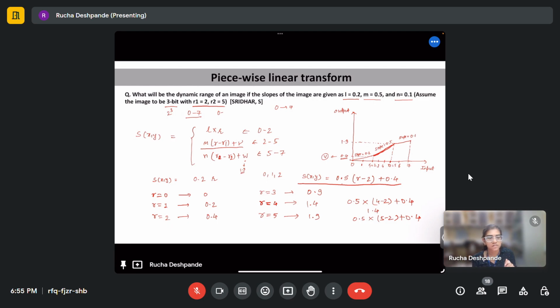That equation is m into r minus r1 plus v, right? So r1 is given, that is 2, and the v value is this. So we can find the equation of this as y minus y1 is equal to y2 minus y1 upon x2 minus x1 into x minus x1.